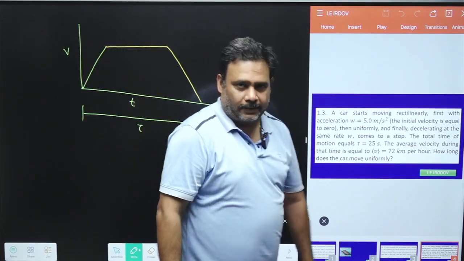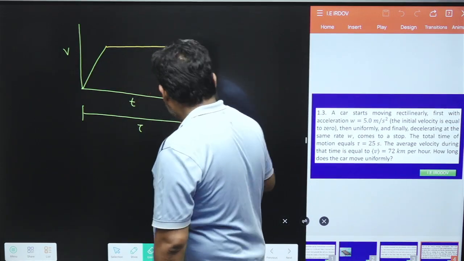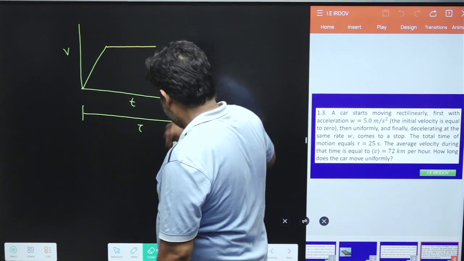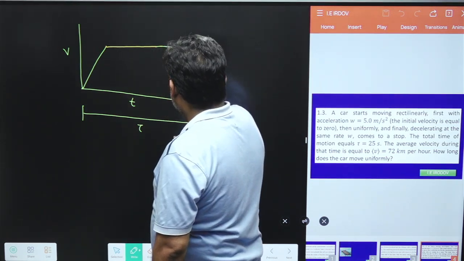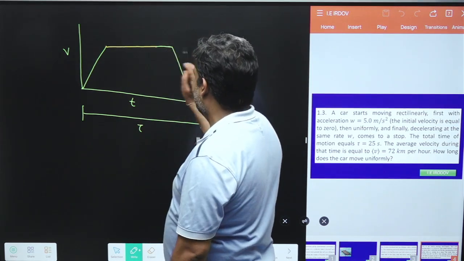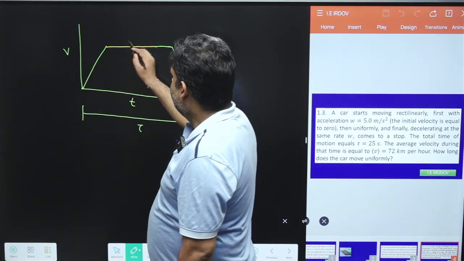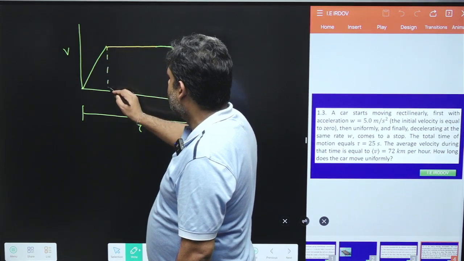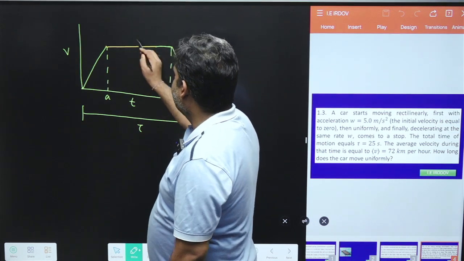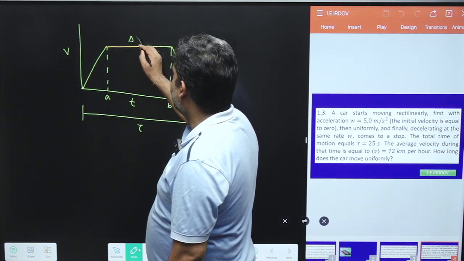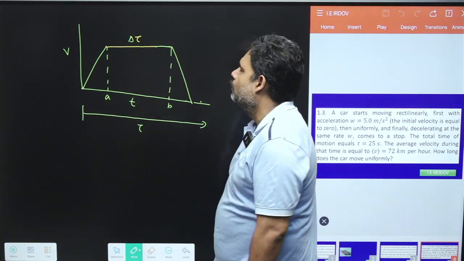This is very interesting, and we can draw this picture very carefully. Suppose this is your A and this is your B. We have to find the time for which the car is moving between A and B. Let's say this time is delta tau, and the total time is tau.